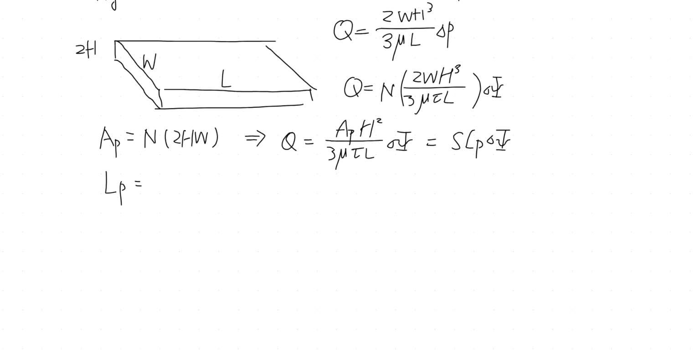It gives us A_P divided by S multiplied by h squared divided by 3 mu tau L, and this gives us epsilon.